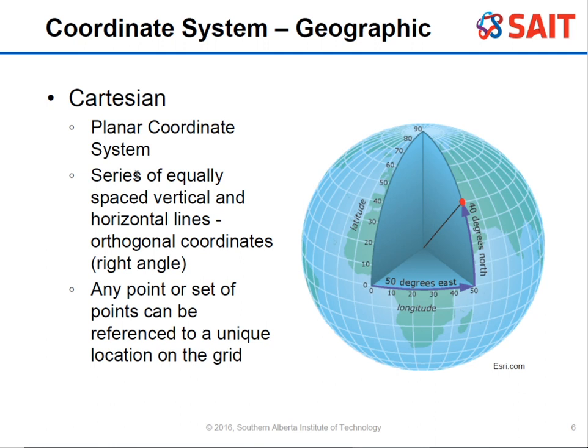So it says it's a series of equally spaced vertical and horizontal lines. That means we can easily break it up, as you've seen on pretty much any graph. They're nice and orthogonal to each other. And then the point can be set based on that grid. So we create this grid of equal spaces, and then we just place that point.